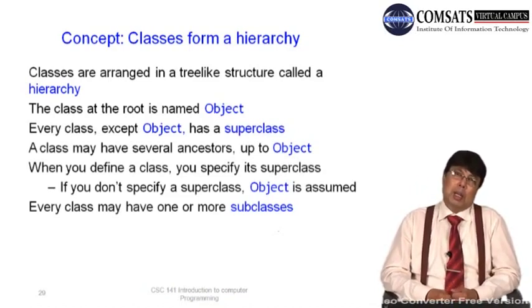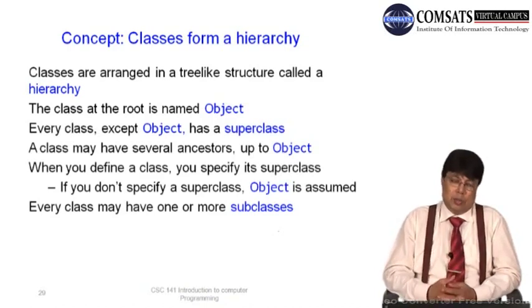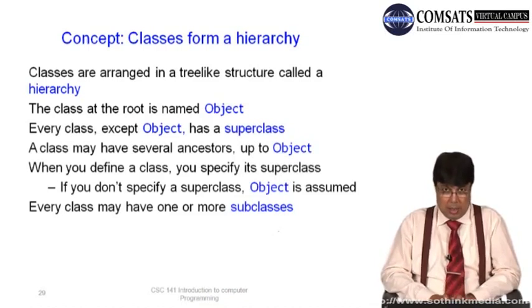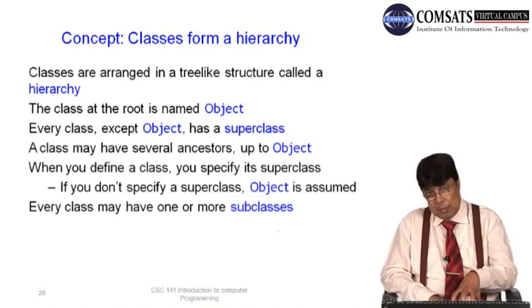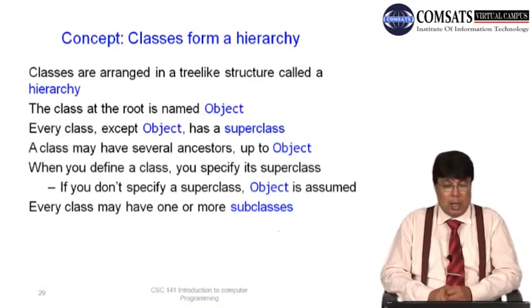Means the object can be created with different classes, as instances of different classes, which I will explain with the help of an example later on. So a class may have several ancestors up to that particular object, but once the object is created, it has all the features inherited from where it has been created.